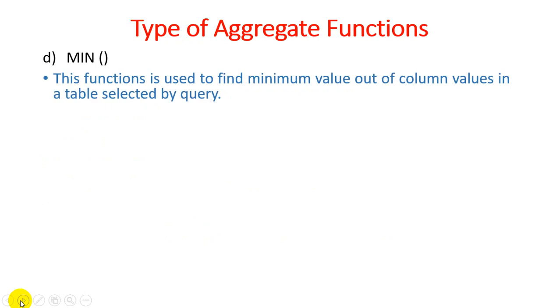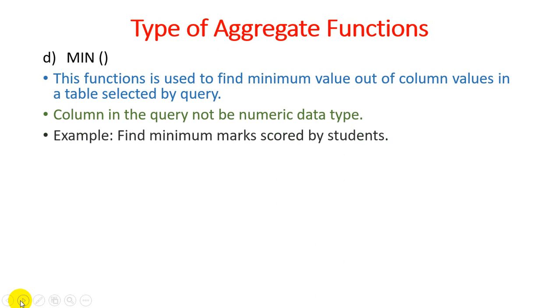Min, this function is used to find the minimum value out of the column values in a table selected by the query. જ્યારે તમે મિનિમમ એગ્રીગેટ ફંક્શન યુઝ કરો છો તો ત્યારે જ તમે એ યુઝ કરતા હશો જ્યારે તમારે કમ્પ્લીટ ટેબલમાંથી મિનિમમ નામની વેલ્યુઝ ફાઇન્ડ કરવી હોય. કોલમ ઇન ધ ક્વેરી નોટ બી અ ન્યુમેરિક ડેટા ટાઈપ, મે બી ન્યુમેરિક હશે તો પણ ચાલશે, નહીં ન્યુમેરિક હોય પણ તો પણ ચાલશે.